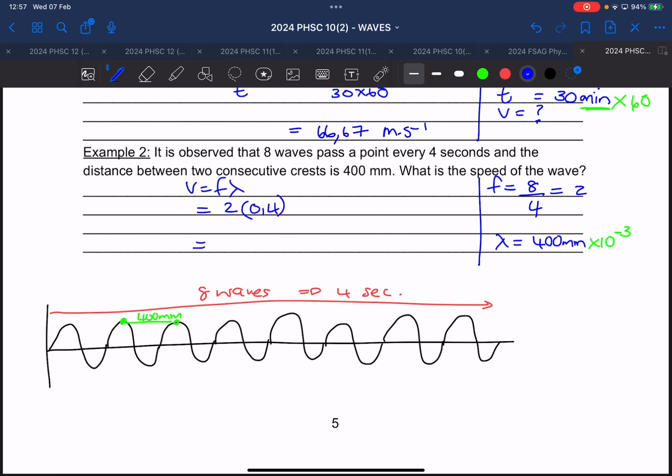So in your head, 2 times 0.4. Easy peasy. What is 2 times 4? So what's 2 times 0.4? 0.8 meters per second.